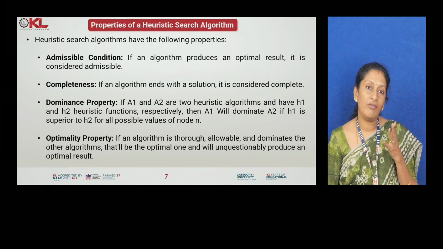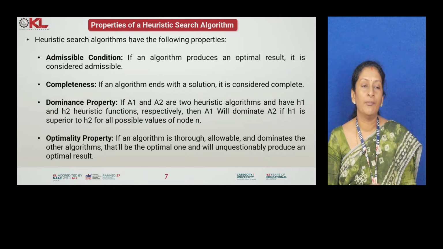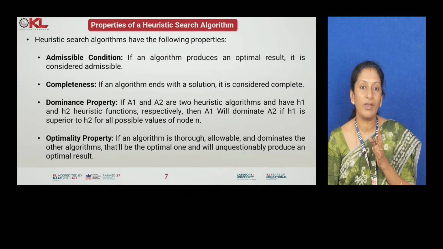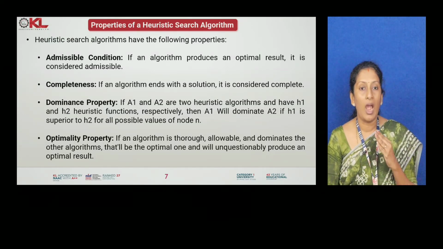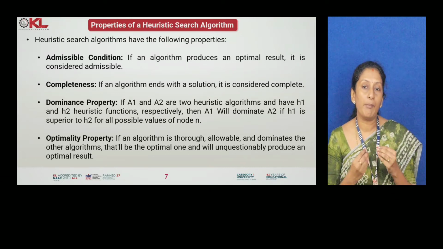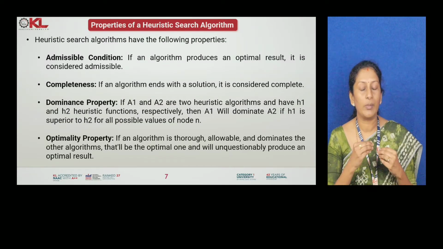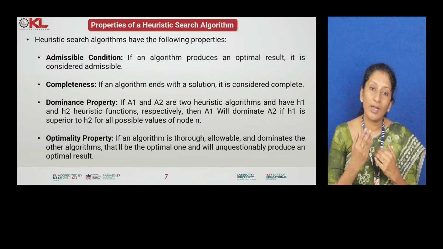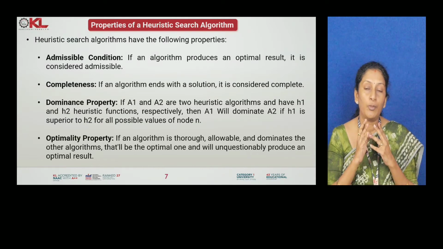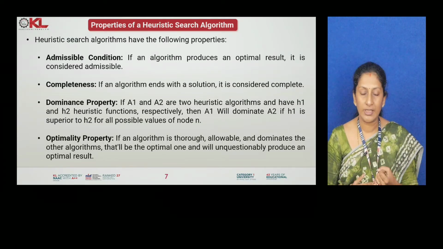Whenever we are using heuristic functions, these heuristic values are used in each and every node or state of the problem, and we try to get a rapid solution. And if we combine the optimality principle also, along with the fast solution, we also get the accurate solution. In that case, if it produces an optimal result, it is the admissible condition.